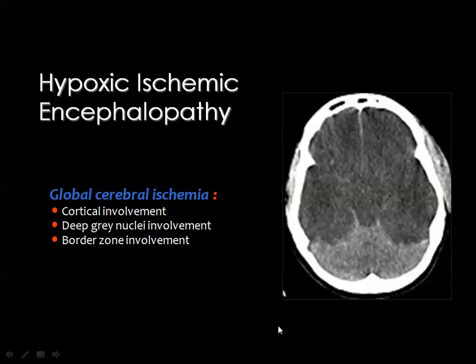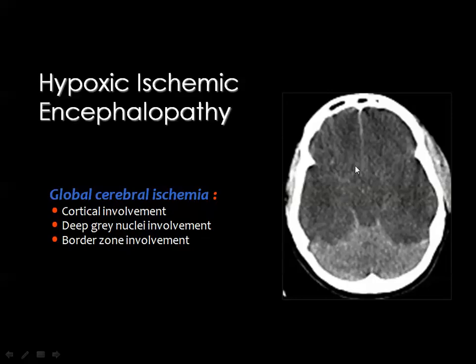And the global cerebral ischemia is one of the manifestations of hypoxic ischemic encephalopathy, where there is diffuse involvement of the brain parenchyma, including the white matter and the gray matter, and this appearance is almost common in cases of hypoxic ischemic encephalopathy in the term infants, where you get extensive hypodensity of the cerebral tissue.